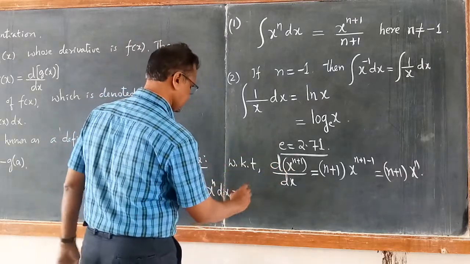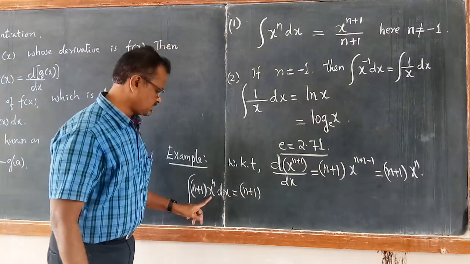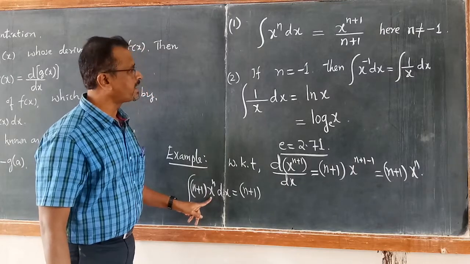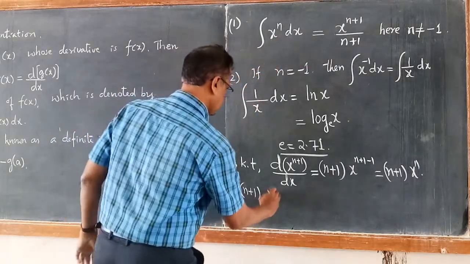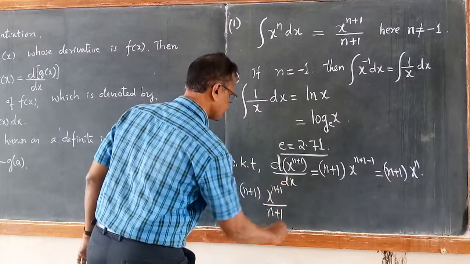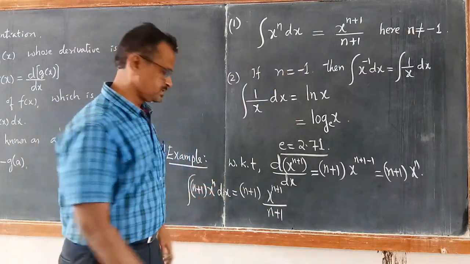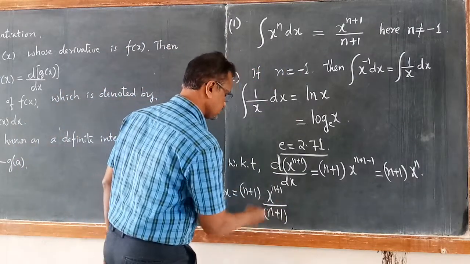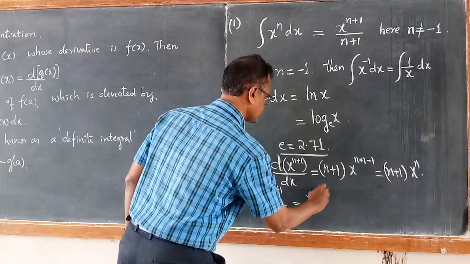So keep n plus 1, being a constant, outside. Integration of x to the power n is x raised to n plus 1 divided by n plus 1. See, n plus 1 cancels. When you cancel n plus 1, you are left with x to the power n plus 1.